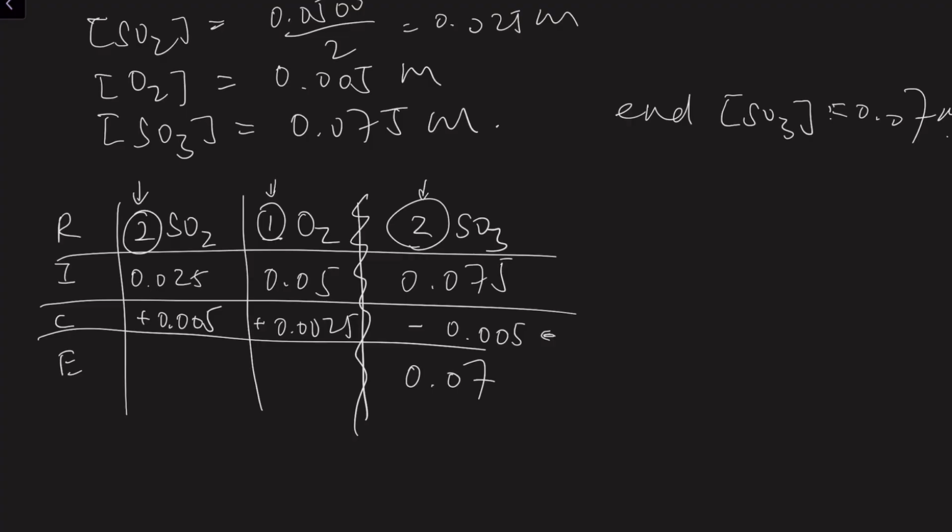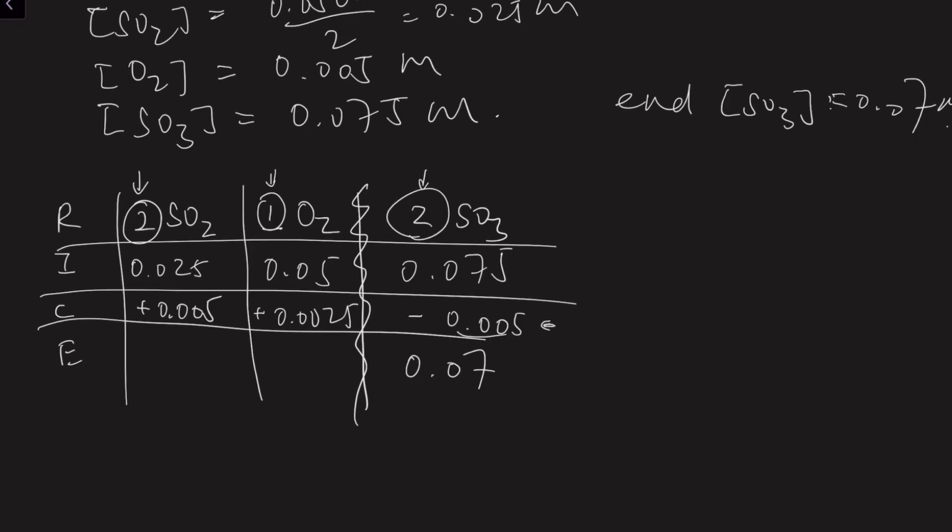If the coefficient in front of oxygen is 4, you need to multiply this 0.005 by 2. So everything depends on the coefficient. That's why you need to write it in to make it very clear to you. So now it's just a matter of doing some addition. And you get the equilibrium concentration of everything in your system.